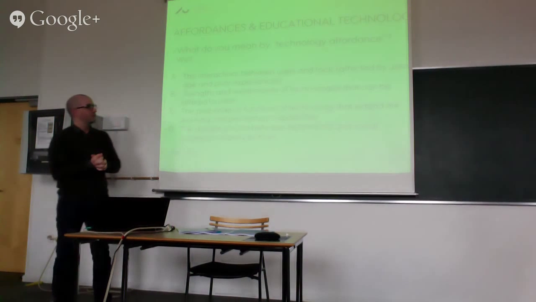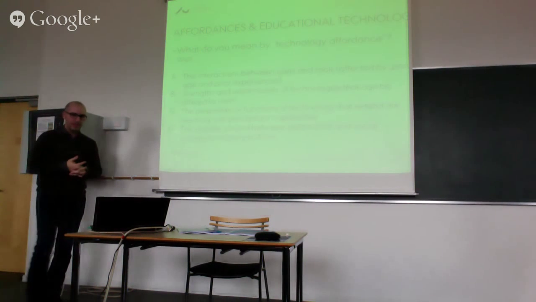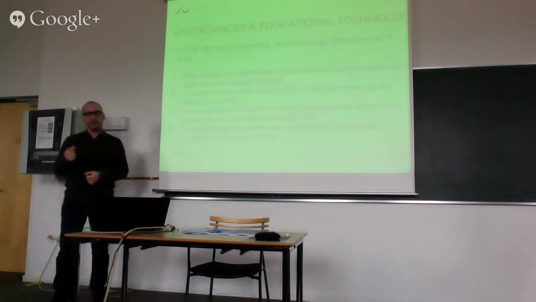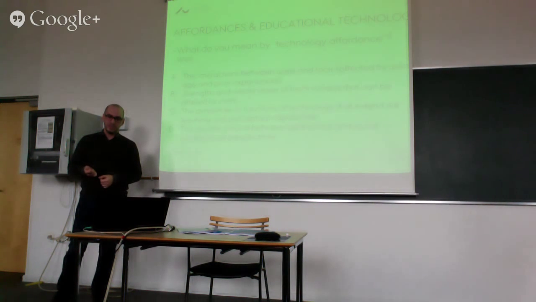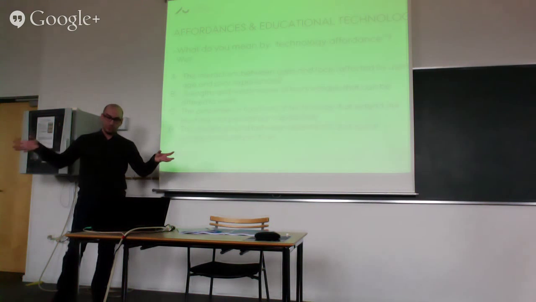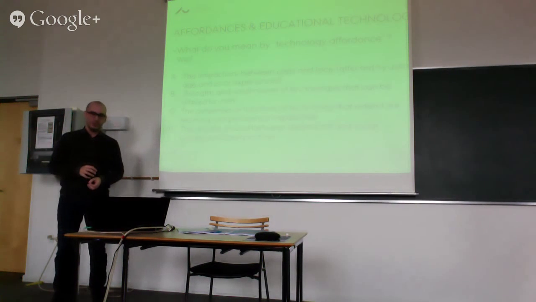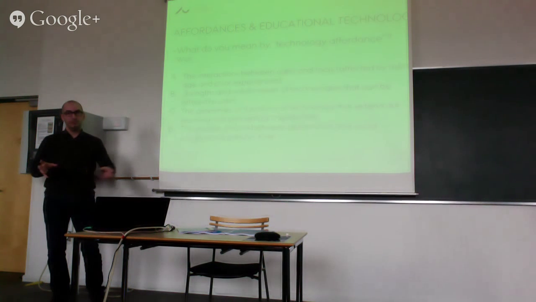So I just wrote down a few terms that I found, like the interaction between users and tools affected by users' age and prior experience, strengths and weaknesses of technologies that can be offered to users, so strengths and weaknesses, the properties or functions of technology that extend our learning and perceptual capabilities, so something that can change me.